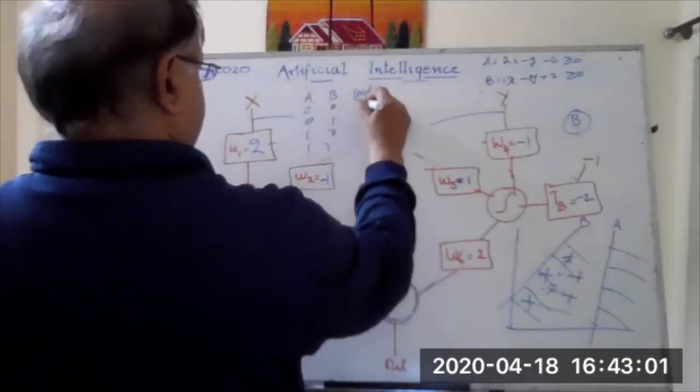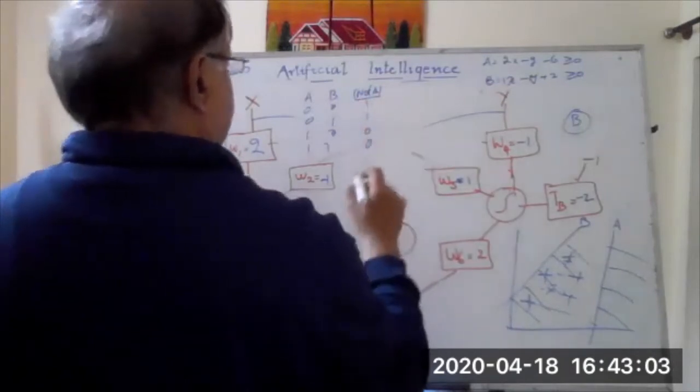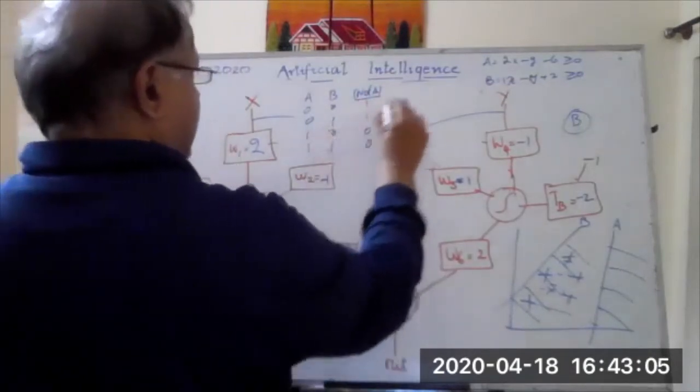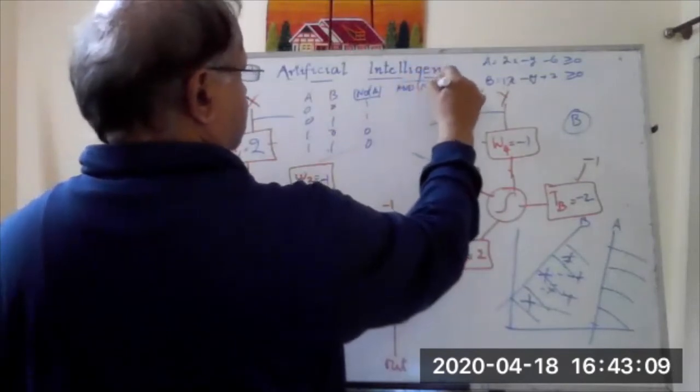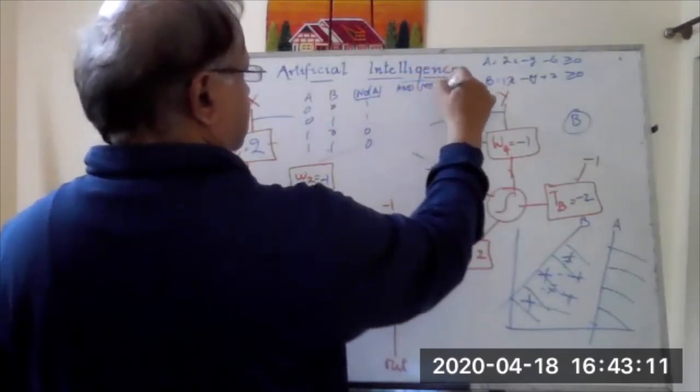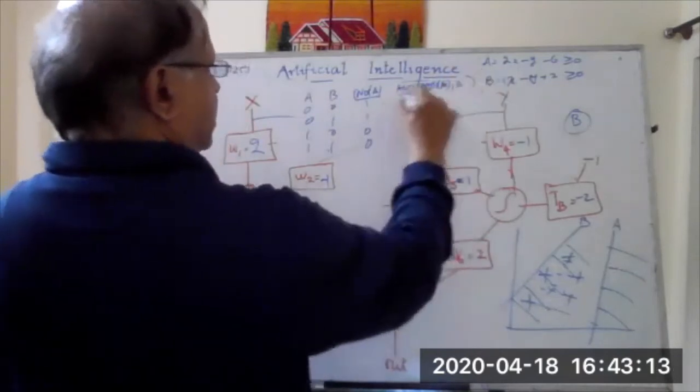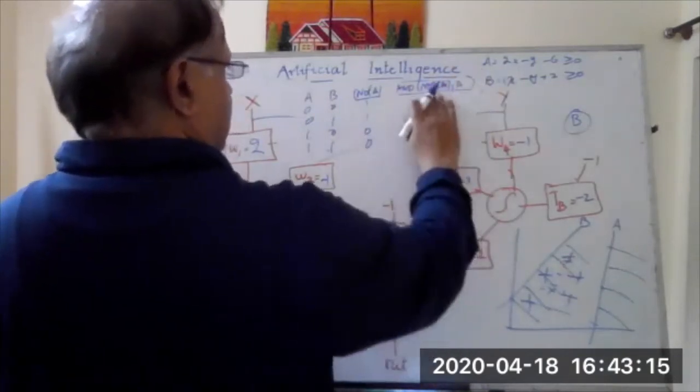Not A is what? 1 1 0 0. Now if you consider an AND of not A and B, this is the portion that we need to consider.